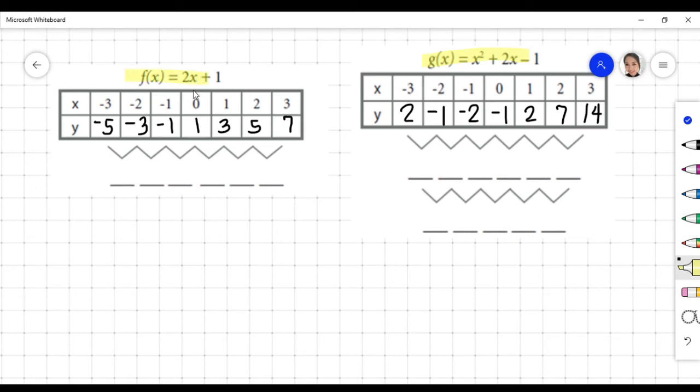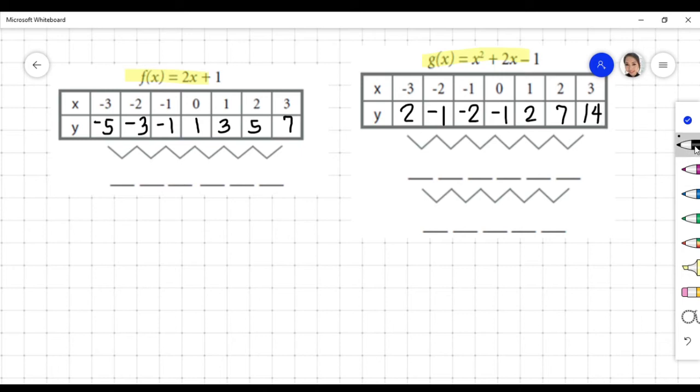Notice that there are blanks here below. It means we will find the differences of the values of y. So we will subtract -3 to -5, -1 to -3, 1 to -1, and so on.